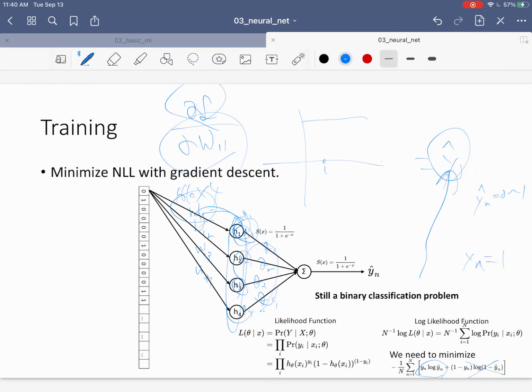This is 1. So log of 1 goes like this. This is your y hat n, and this is your log of y hat n, right? So your log of y hat n is always negative, and y1 is just 1.